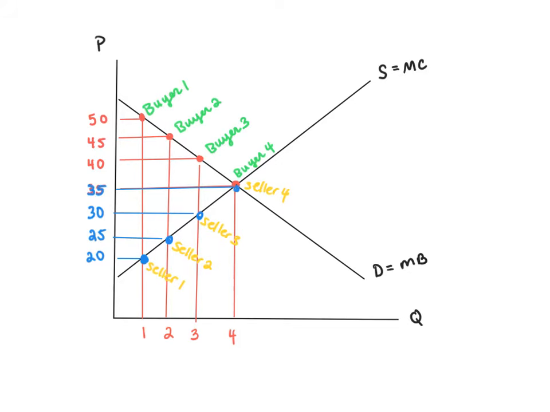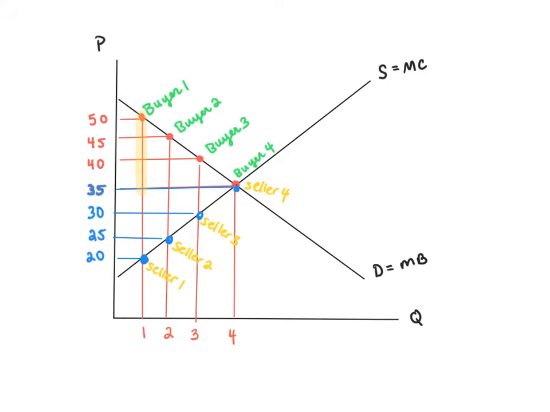For example, if the price is, let's say, $35, then Buyer 1 is going to walk away with consumer surplus. Buyer 1 was willing to pay a price of $50, but if she only had to pay a price of $35, she would enjoy a consumer surplus of $15.